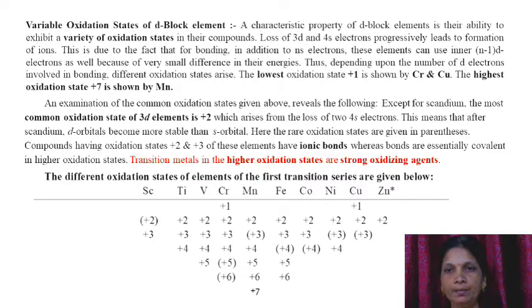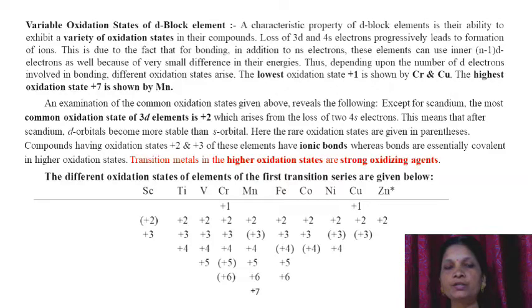Except for scandium, the most common oxidation state for all the rest of the 3d elements is +2, which arises from loss of two 4s electrons. This means that after scandium, d orbitals become more stable than the s orbital. Here, the rare oxidation states are given in parentheses.